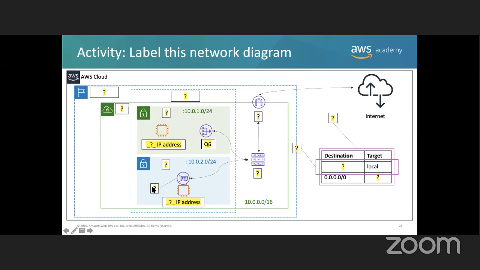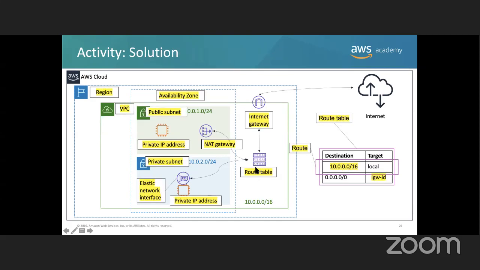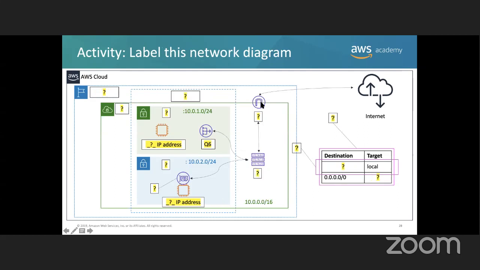Oh, this is a network card. Elastic network interface. Okay. How about this one? Route table. And this one? Route table.